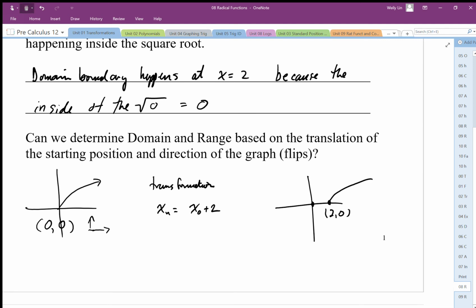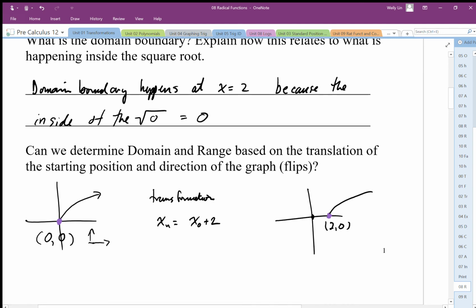And so we can think of these as two different strategies. One is to think of the domain restriction based on the actual function restriction. The other way is to think of it in terms of a transformation. We have a starting point, we know the transformation, we know the ending point, we know how the graph behaves. So we know that our domain is going to start at 2. Now, these are complementary ways of thinking. We don't need to use one exclusively over the other.